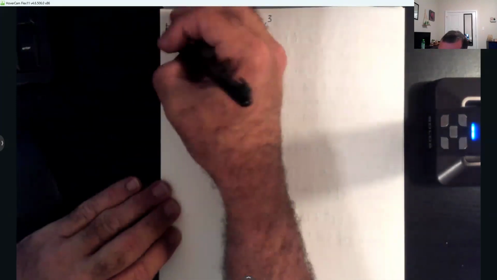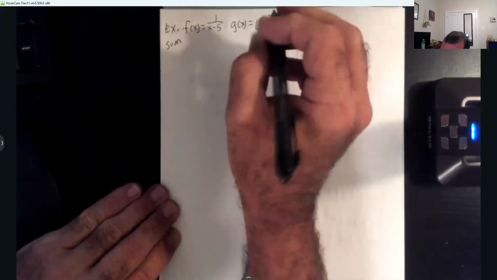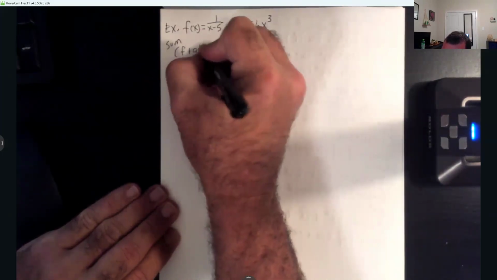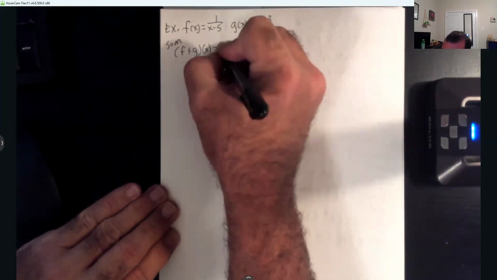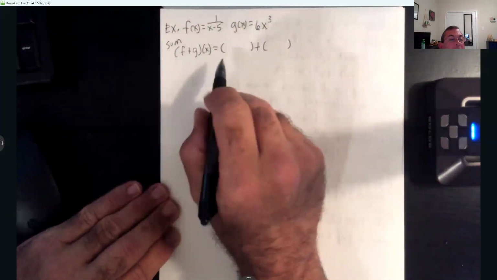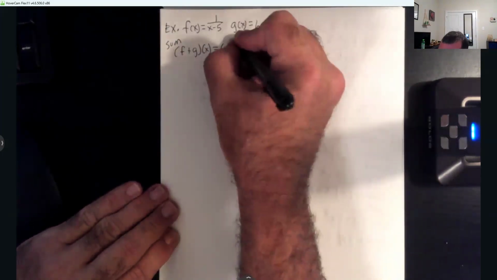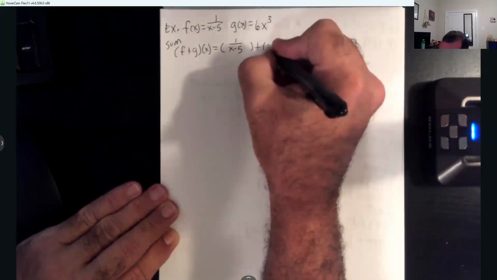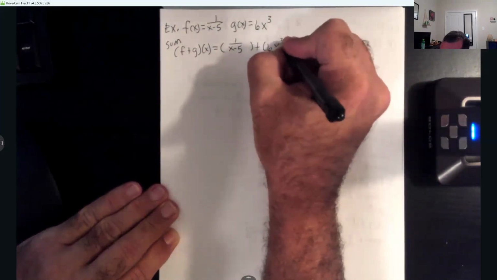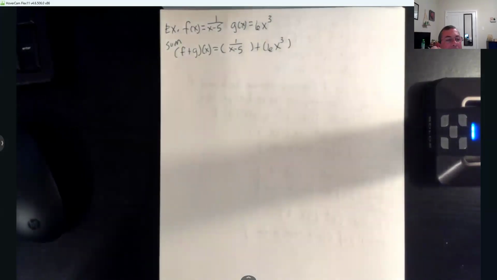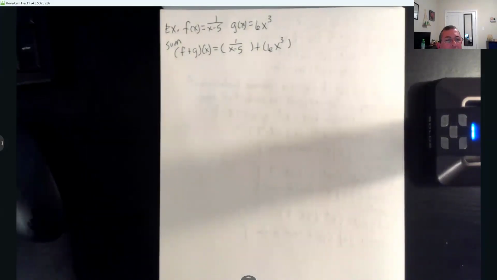So we'll start with our sum. Our sum will be f plus g of x, which will equal f plus the g. So y'all, f is 1 over x minus 5. G is 6x to the third. So the question, is this domain going to be all real numbers?